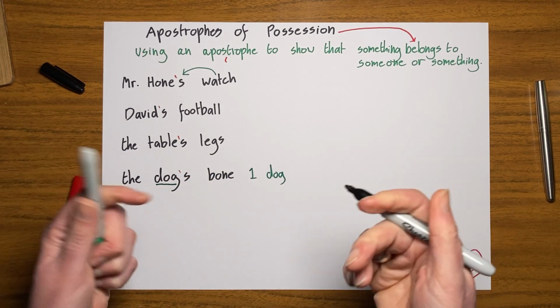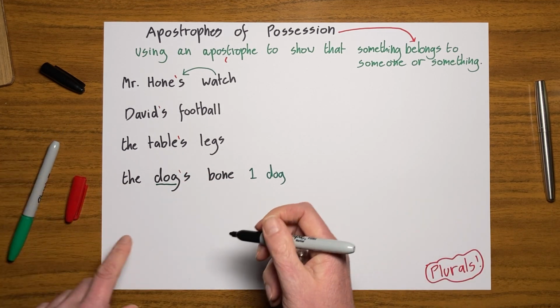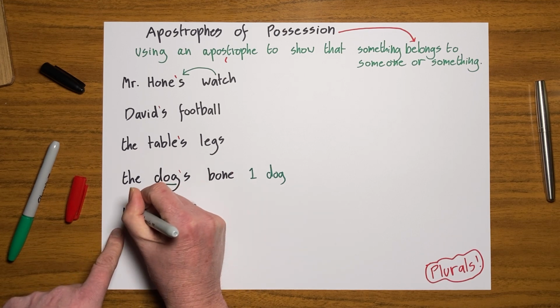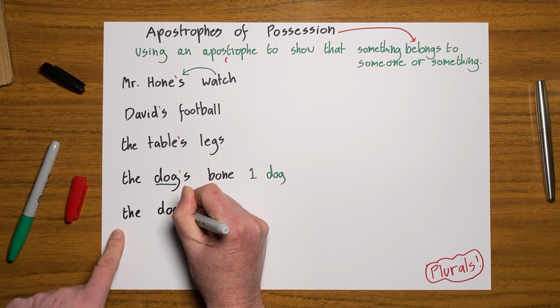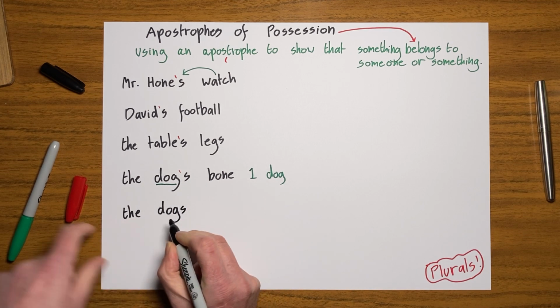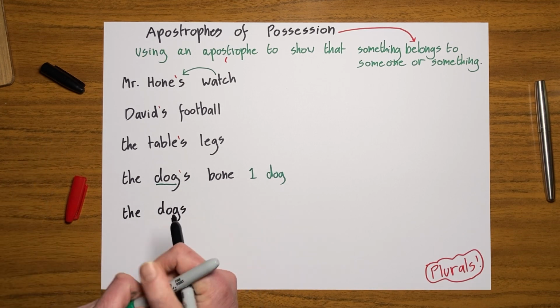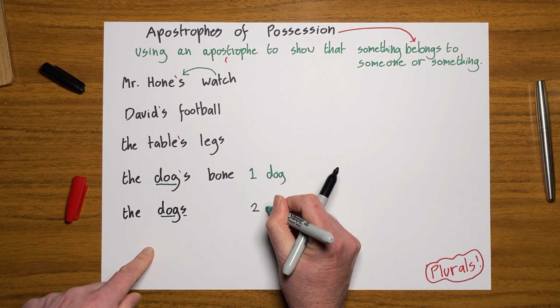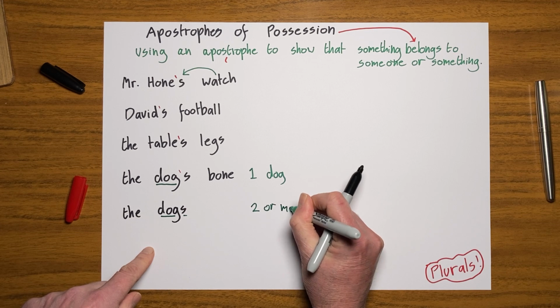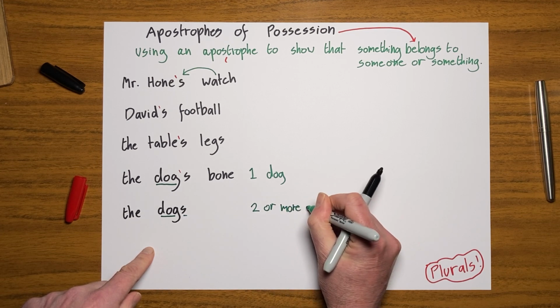Now imagine you had a whole group of dogs and they all had one bone. Here you would put the dogs, because that's plural. So let's underline that and just make sure we know that there are two or more dogs.